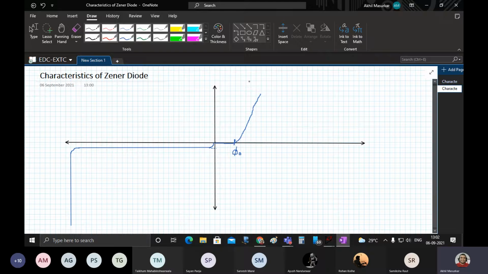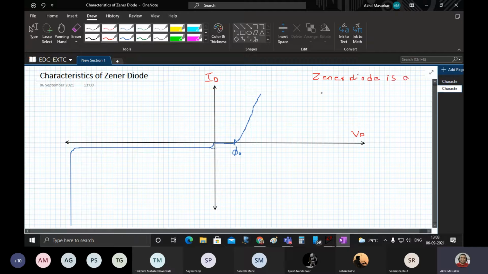So on the x-axis we have diode voltage Vd, on the y-axis we have Id. Now as far as a Zener diode is concerned, a Zener diode is a heavily doped diode.